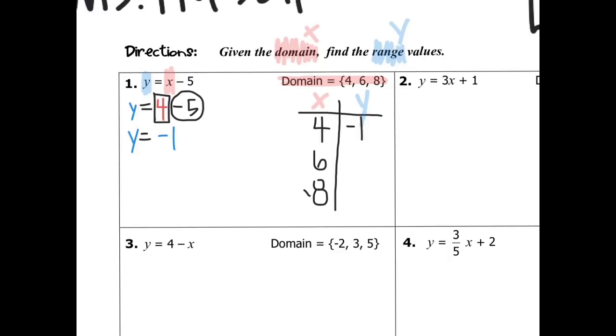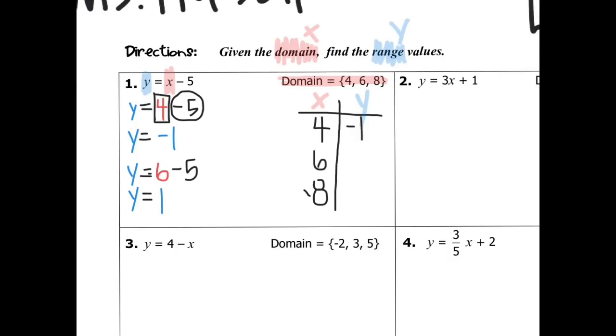So now I have to go back to my equation and start over again and say, if y is equal to, I'm going back to my original here, and I'm taking that x, and instead of replacing it with a 4, I'm going to replace it with a 6. Minus 5. Well, 6 minus 5 is pretty easy to do. That makes y equal to positive 1.